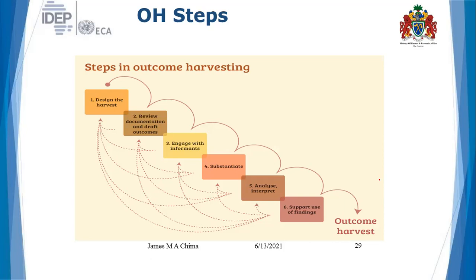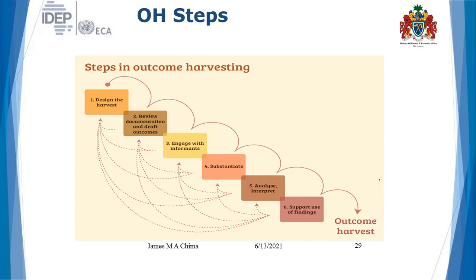You see the arrow on the right are mirroring the progressive movement of steps from step 1 through the outcome harvesting product. On the other hand, we see the dotted lines on the left side or below the step boxes.